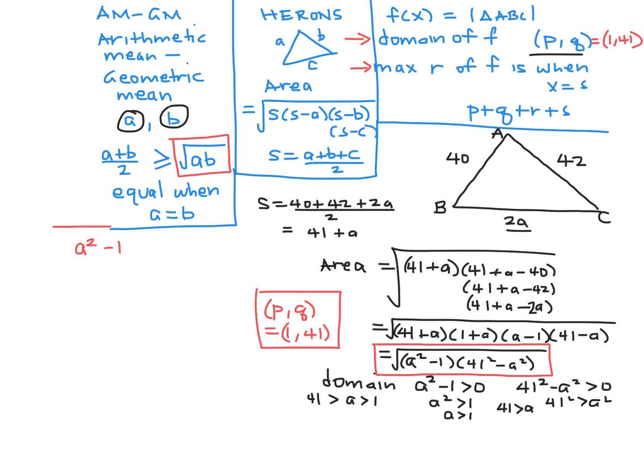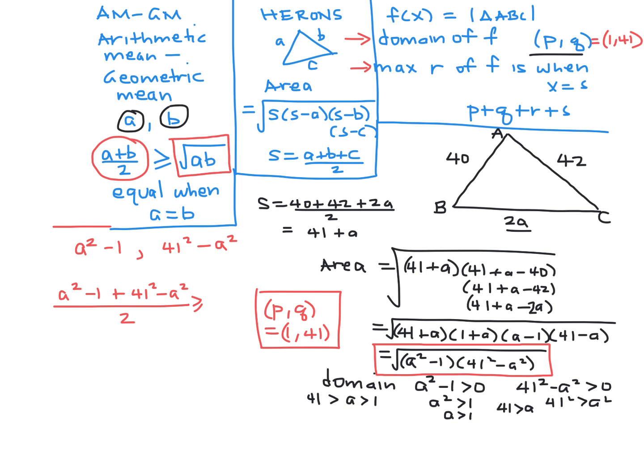A squared minus 1 and 41 squared minus A squared. Those are my two, I guess, numbers. And therefore, using AM-GM, if you add them, which is this guy, A squared minus 1 plus 41 squared minus A squared all over 2, that has to be greater than or equal to that whole thing.